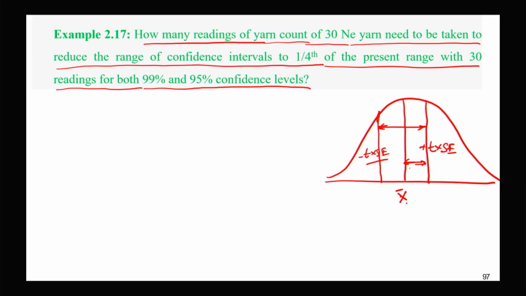Let us say this range is R1. The present range is R1, and this range we have achieved based on 30 readings, N equal to 30.